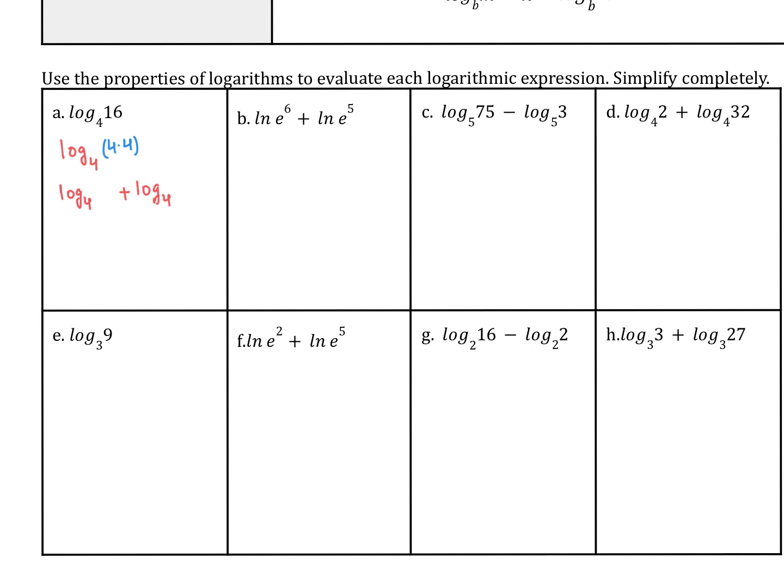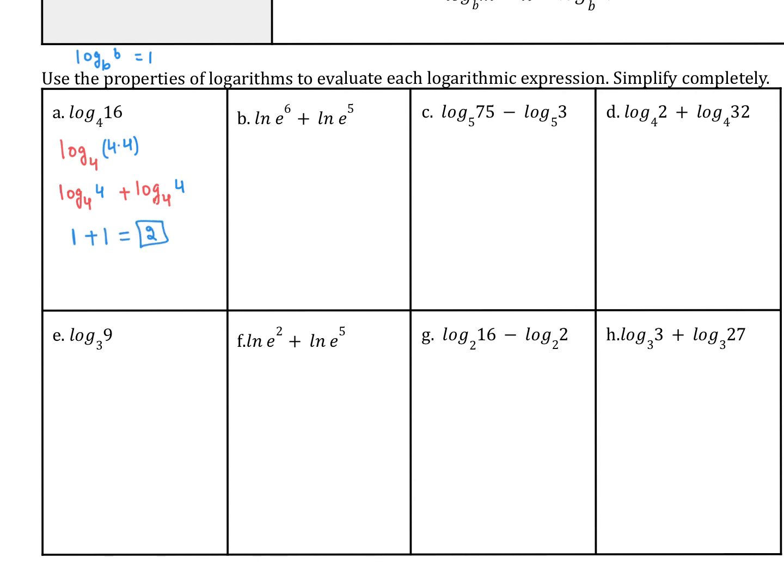So we get log base 4 of 4 plus log base 4 of 4. From the previous lesson, we know that log base b of b always equals 1. So this is 1 and this is also 1, and 1 plus 1 is 2.